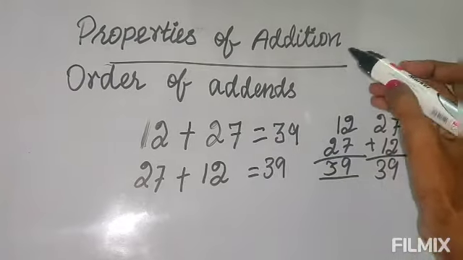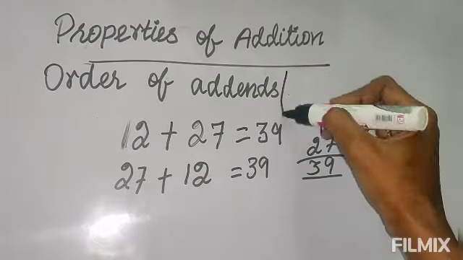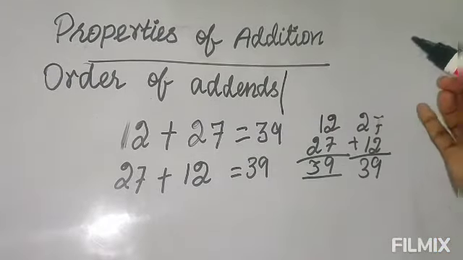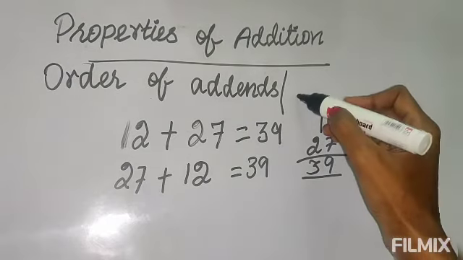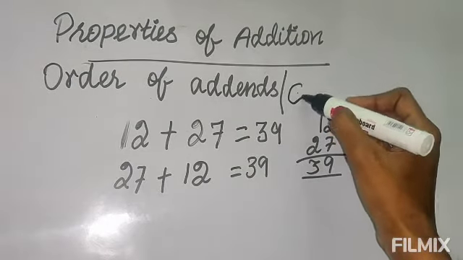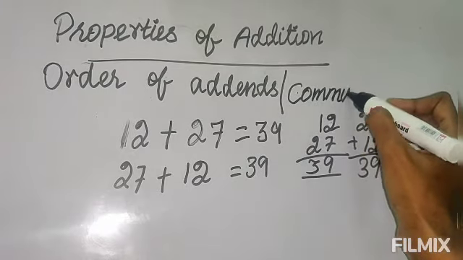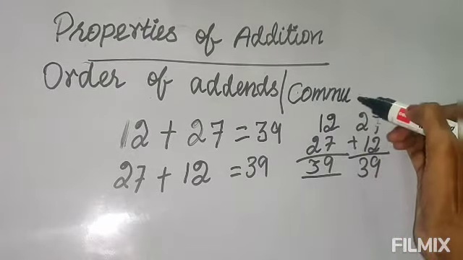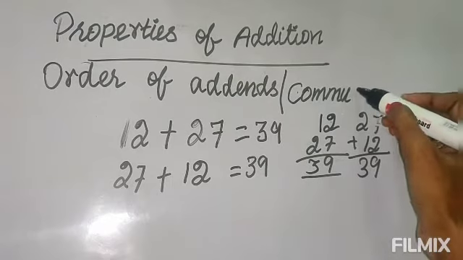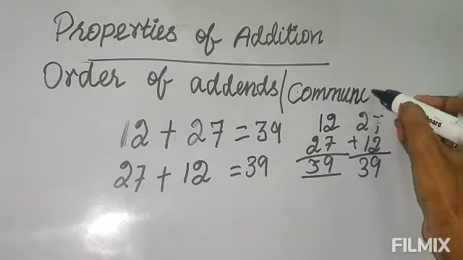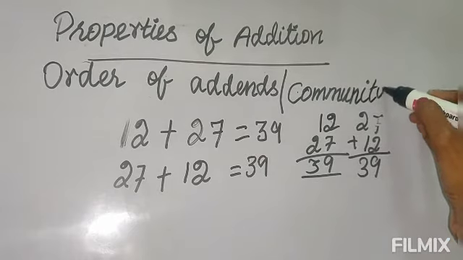Another word is commonly used. Order of addends is not used in higher classes. There, the word is commutative property. You must remember this word. Lower classes are the basic, but in higher classes maths is important. If you don't know the word, you will be blinking at that time.